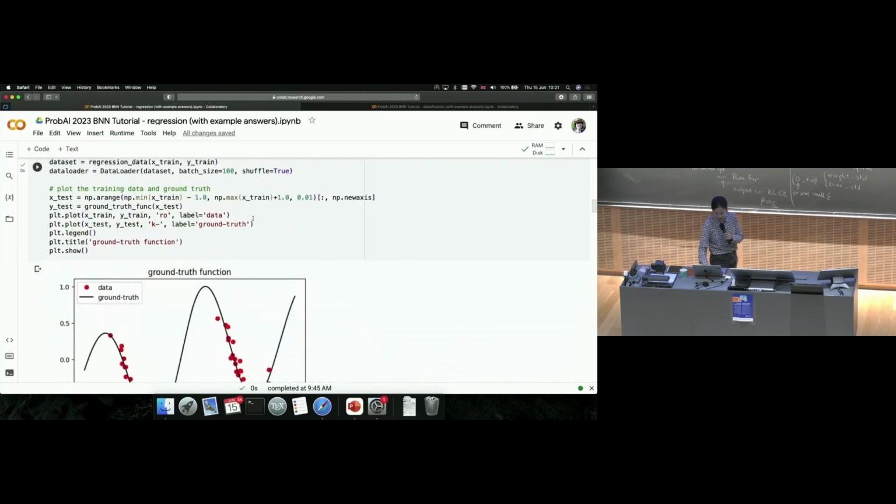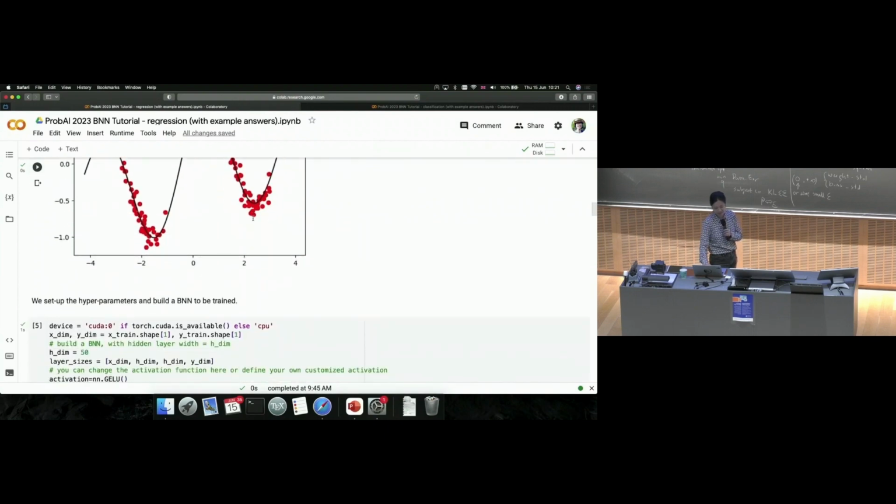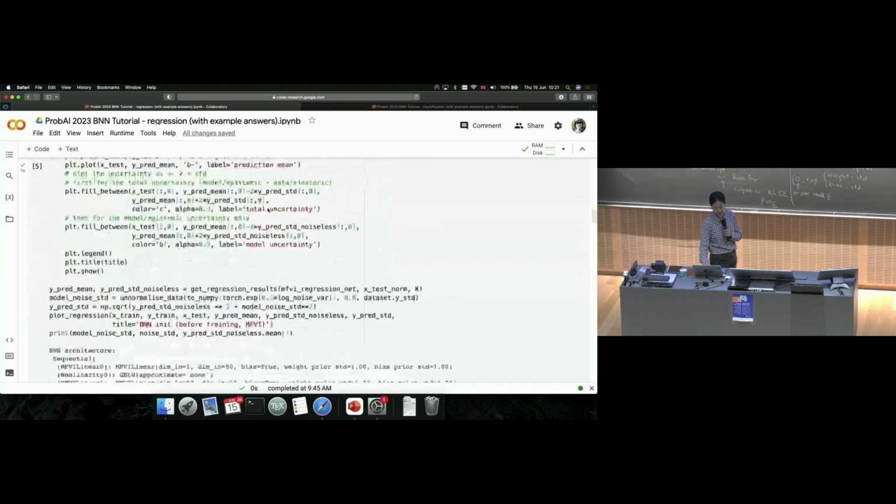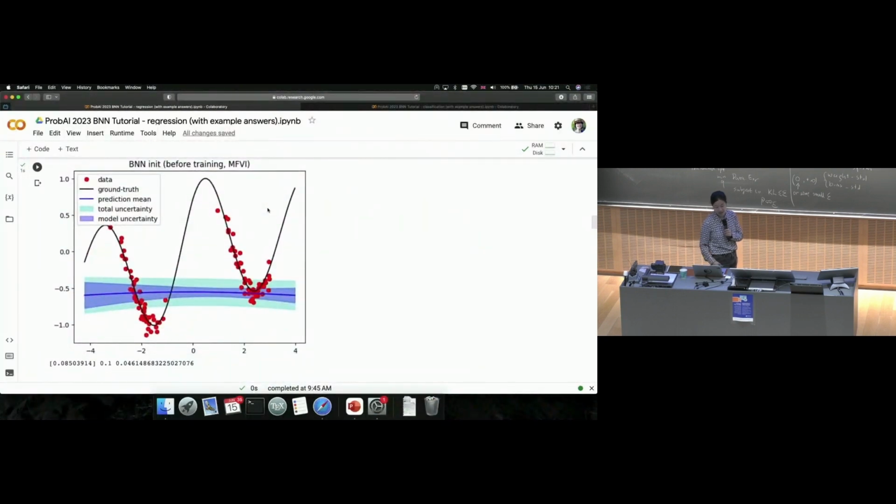All right, so you can see there are some interesting regression tasks here. Starting from initialization, because your network knows nothing, it will just predict a flat function, and then give you some uncertainty.